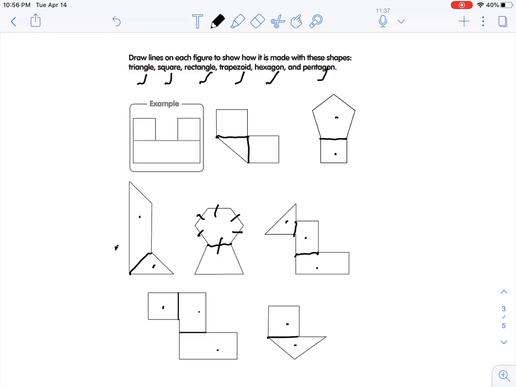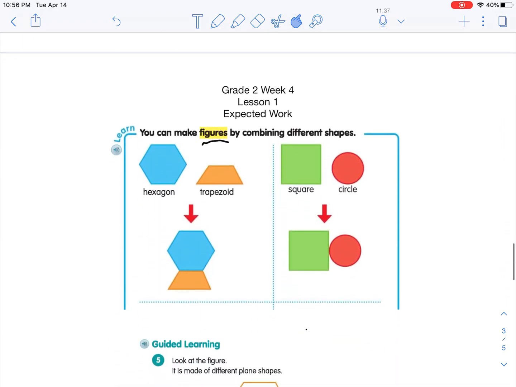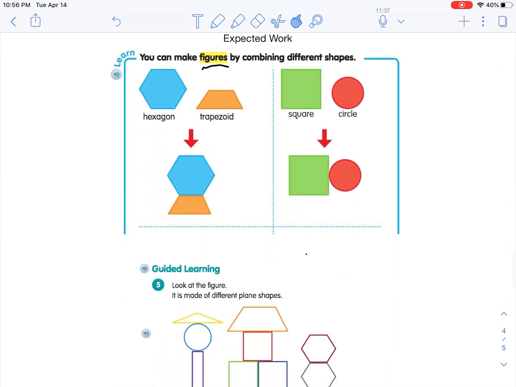All right. I'm going to keep going. Now it's talking about figures. You can make figures by combining different shapes. So when I combine two or more plane shapes, I am left with what is called a figure.